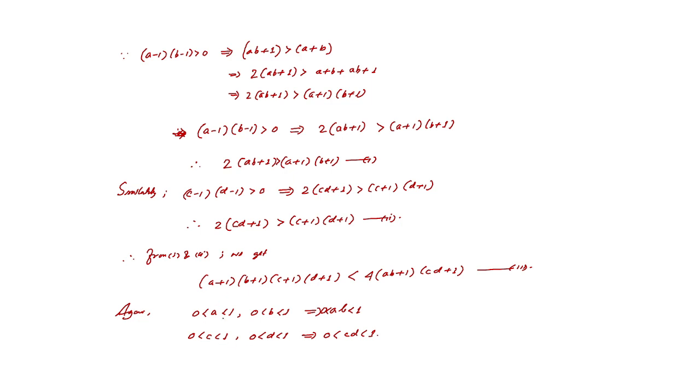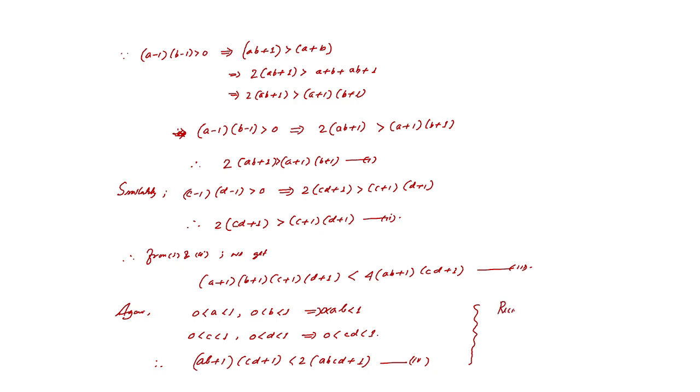Now, just as in the previous results 1 and 2, we can write (A+1)(B+1)... that is, (AB+1)(CD+1) is less than 2(ABCD+1). So this is our 4. Why?